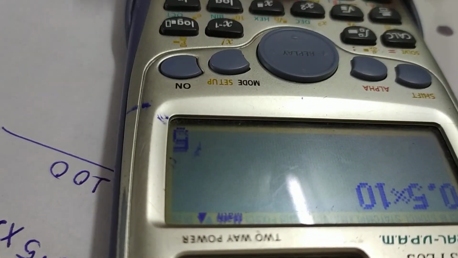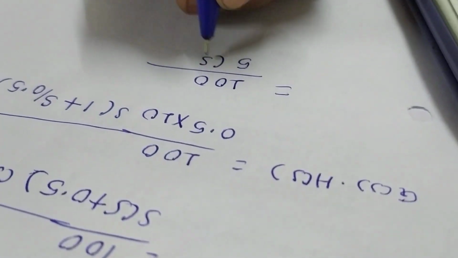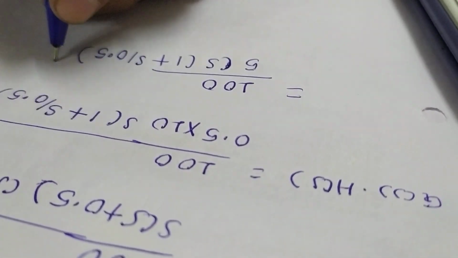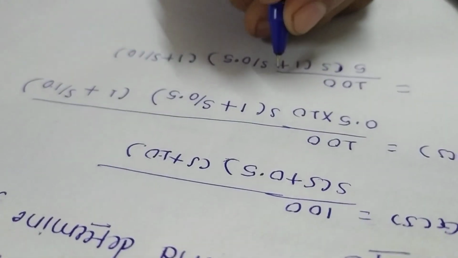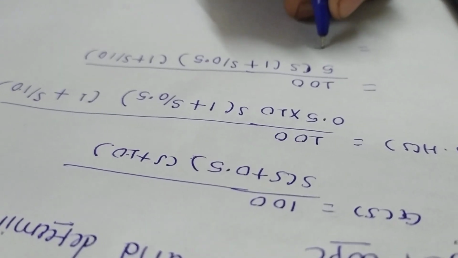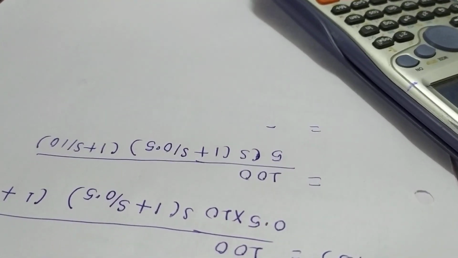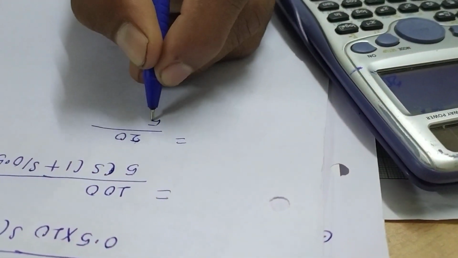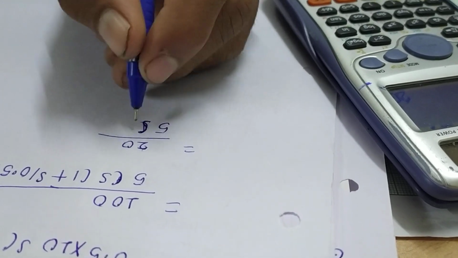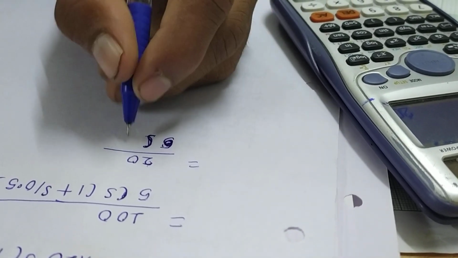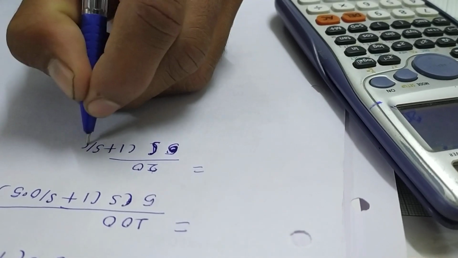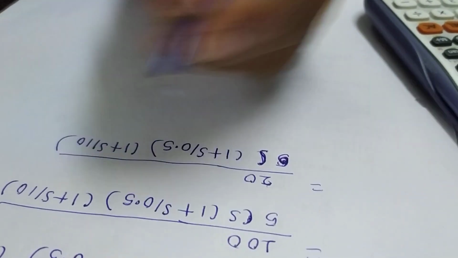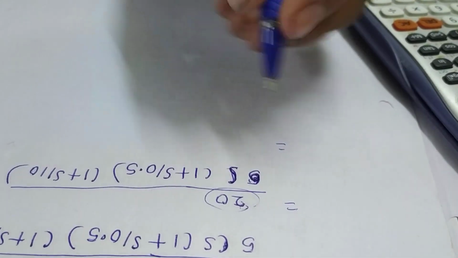It is 5. 100 by 5 is 20, so we get 20 upon S into 1 plus S upon 0.5 into 1 plus S upon 10. So see, this is the value of K.